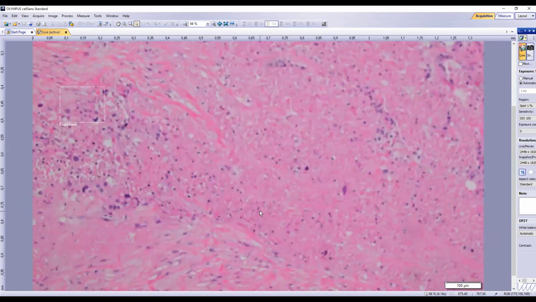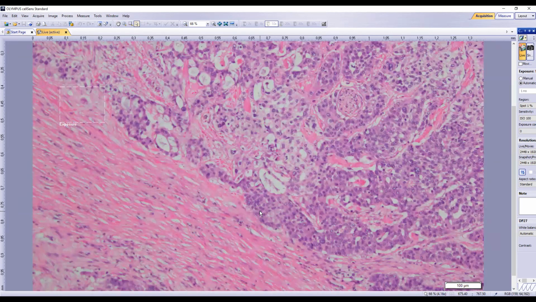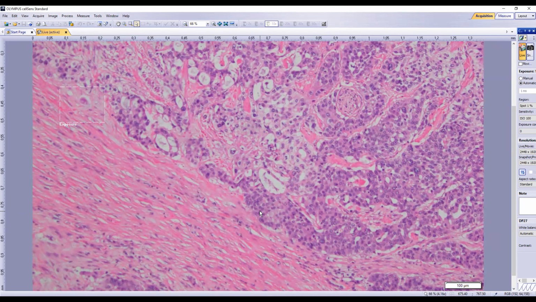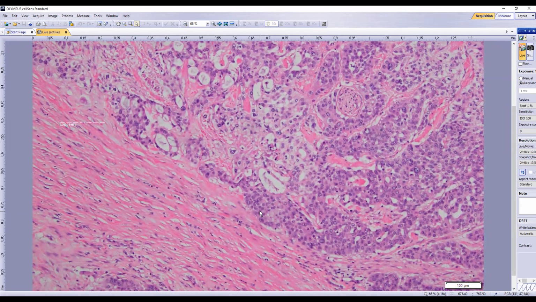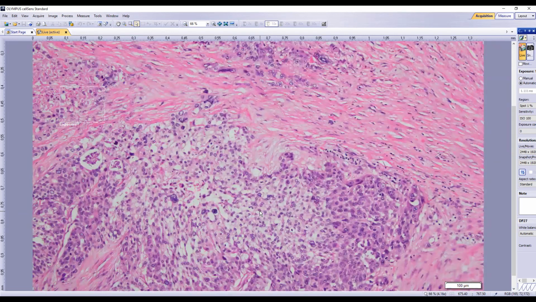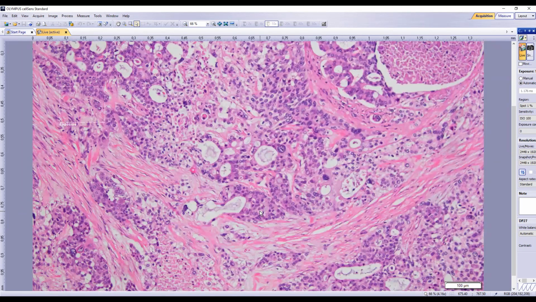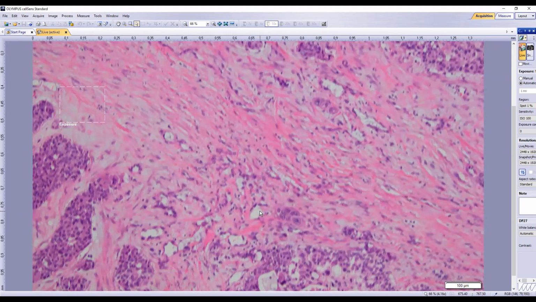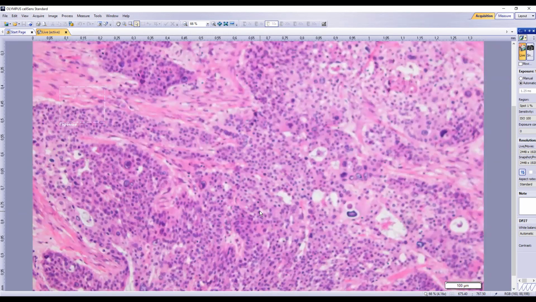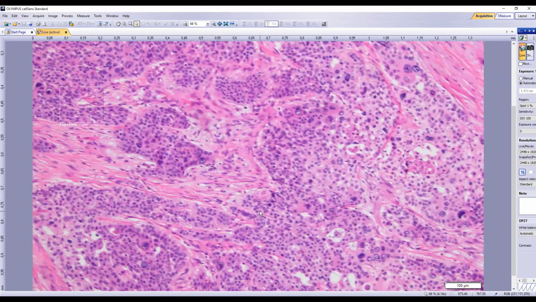If it's only focal, you call it adenocarcinoma with focal squamoid or squamous differentiation. But if it's 30% or more, you can top line it as adenosquamous carcinoma of the pancreas. And this was one of the cases that we top lined as adenosquamous carcinoma of the pancreas.